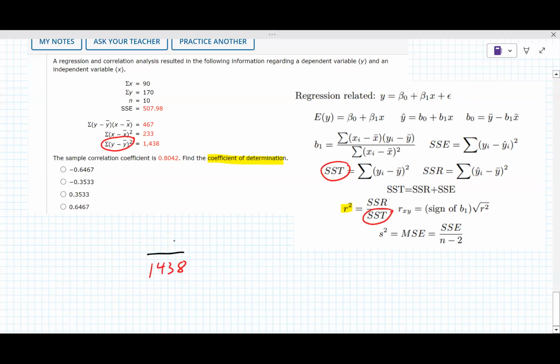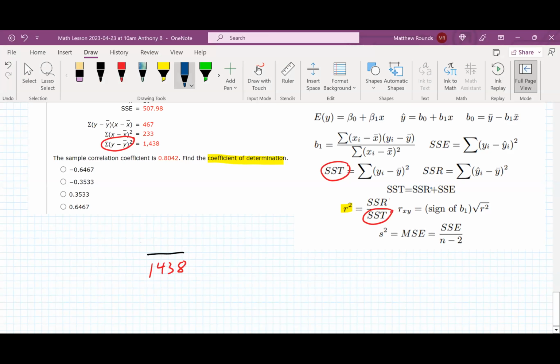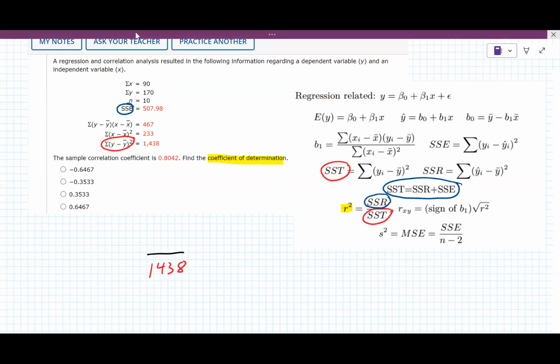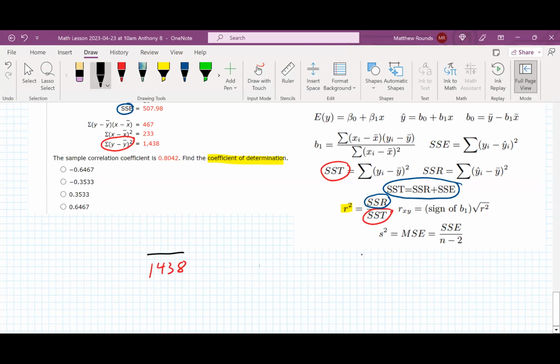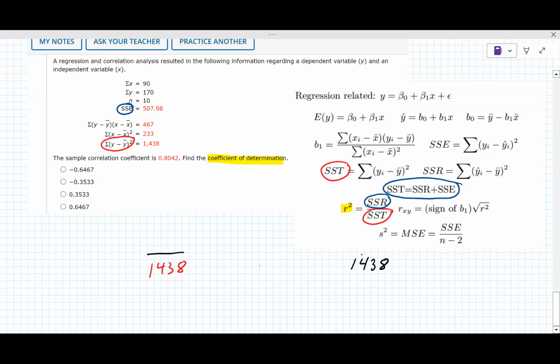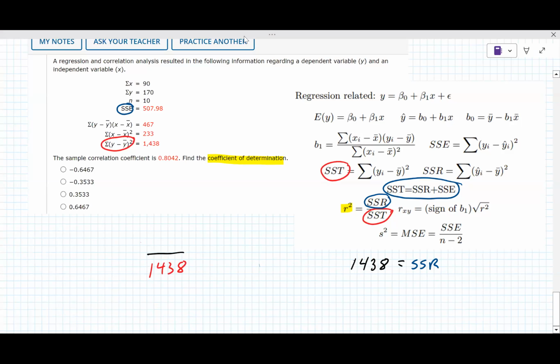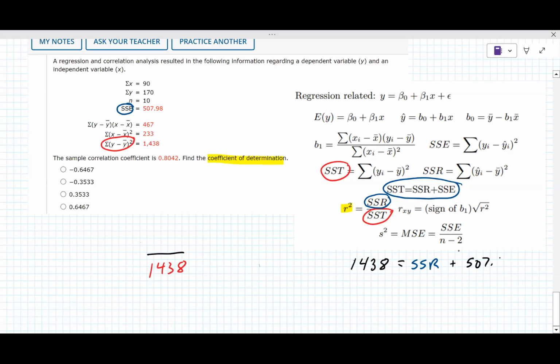The top number we can get using a slightly different approach. To find SSR, we're going to use this equation right here and this value right here. The total, 1,438, equals SSR, which we don't have, plus the SSE, 507.98.